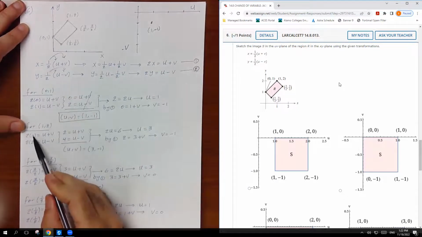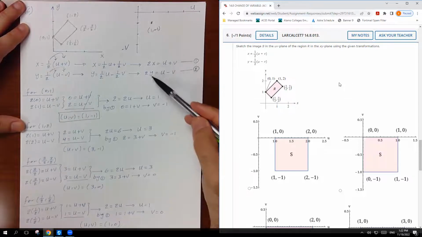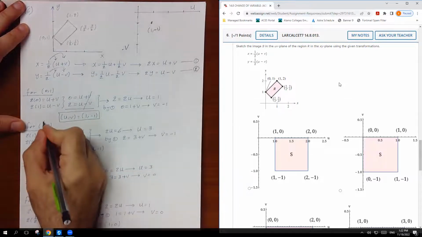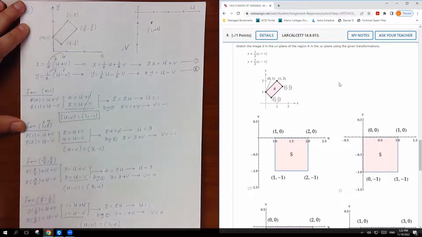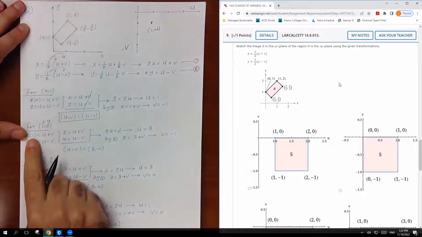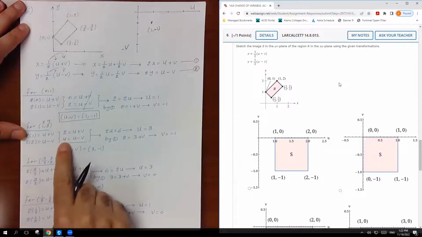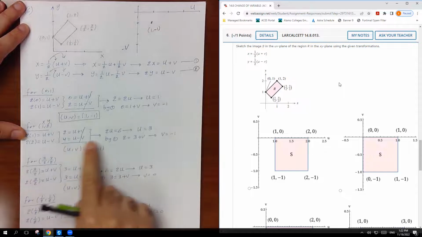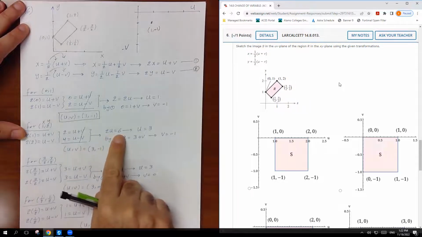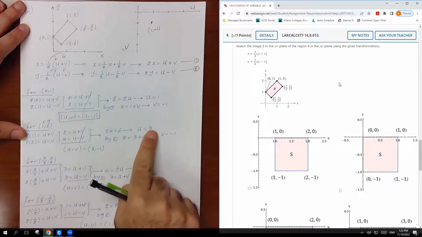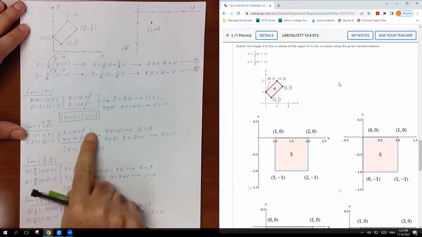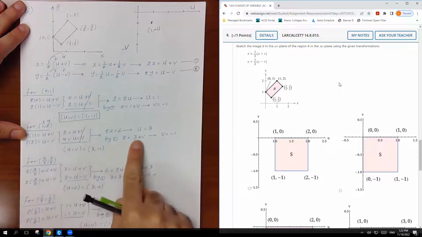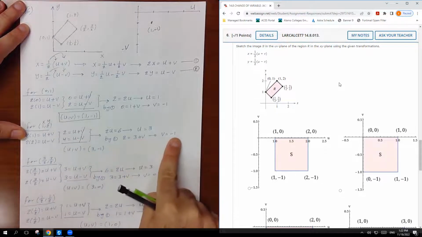Plug in 1 and 2, because this is x, and here's y. So plug in 2 times 1 is going to be 2, 2 times 2 is going to be 4. The same thing by elimination method, we're going to cancel the v. So 2u equals 6, that means u equals 3. Substitute in the first one, so it gives me 2 equals 3 plus v, that means v equals -1.